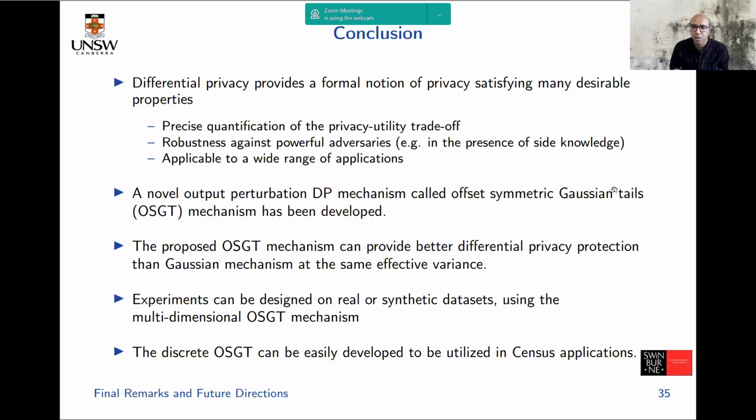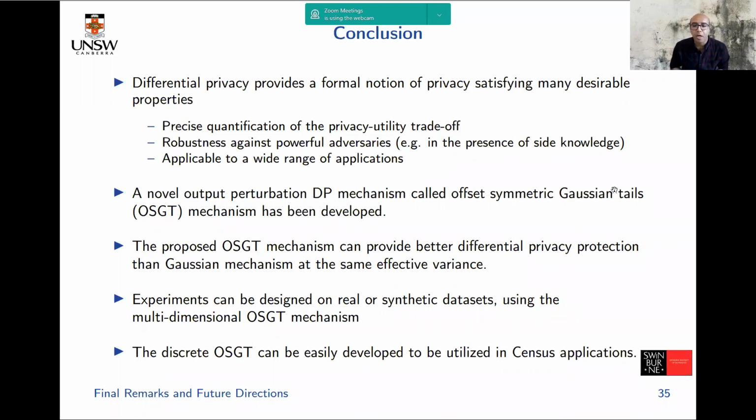And it is also applicable to a wide range of applications, as we mentioned, now used by big companies like Google, Facebook, Microsoft, Apple, and also in data analysis, deep learning, different applications, and particularly in census applications as well.